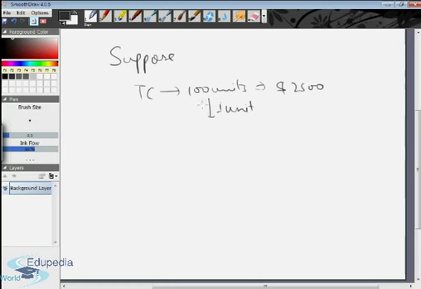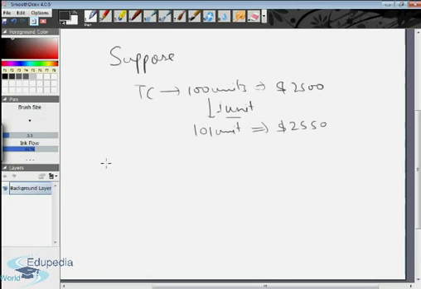So the firm decides to increase the total number of units produced by just 1 unit. Now the total cost of producing 101 units becomes equal to $2,550.